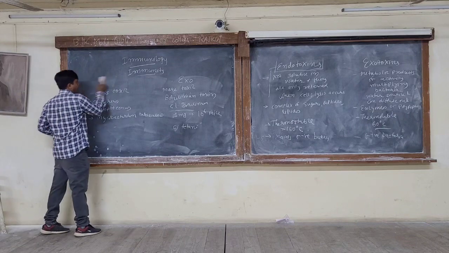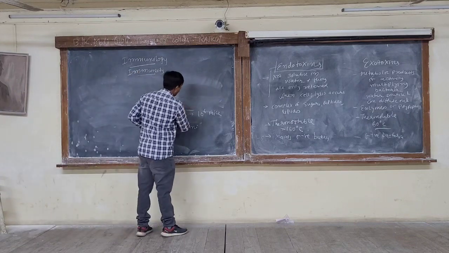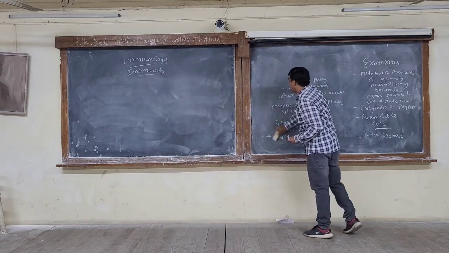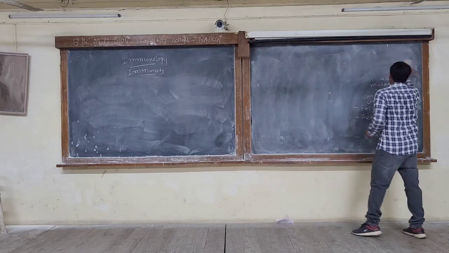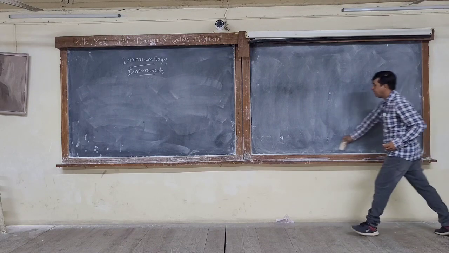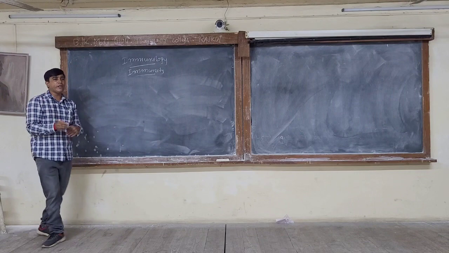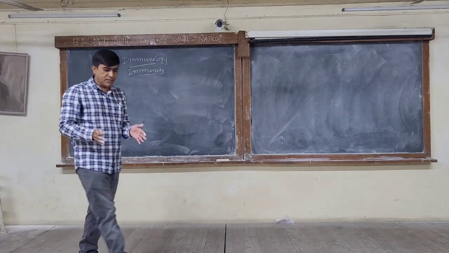Let us discuss the second factor. The second factor which affects the infection is the number of organisms, in what quantity we are getting infected by the microorganisms. It is self-explanatory. If the number of organisms entering the body is high, there are more chances of infection. Now let me give a simple example.